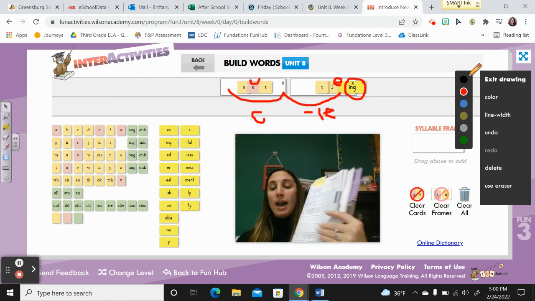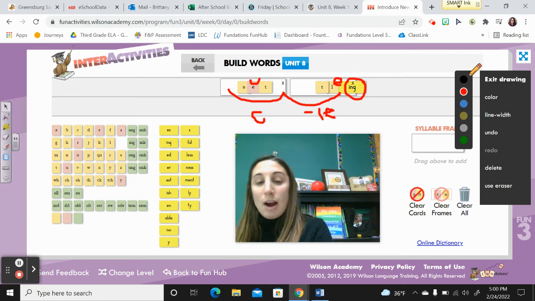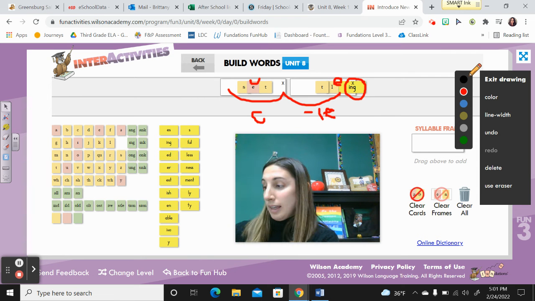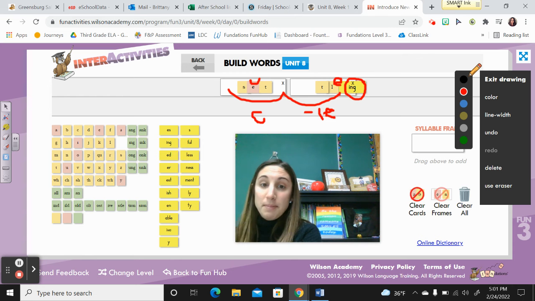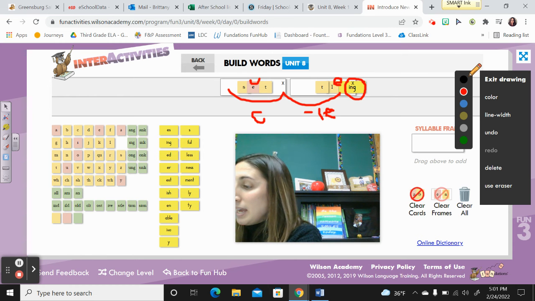Now, let's go ahead and write our sentence for settling. Let's say the baby is settling. The baby is settling down for a nap.